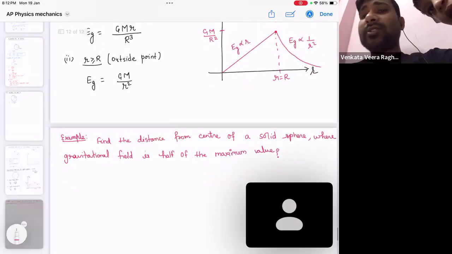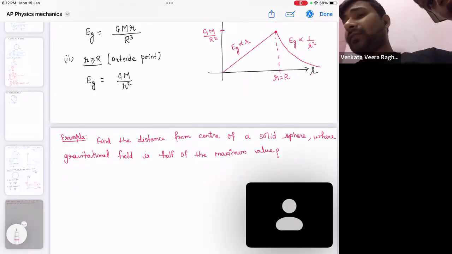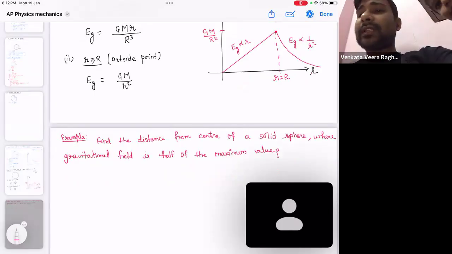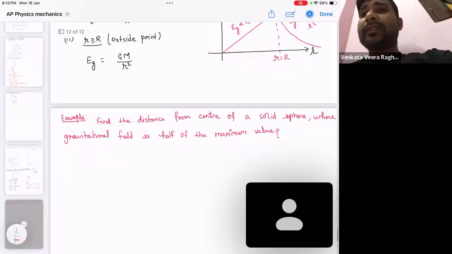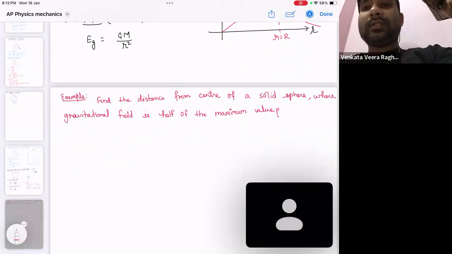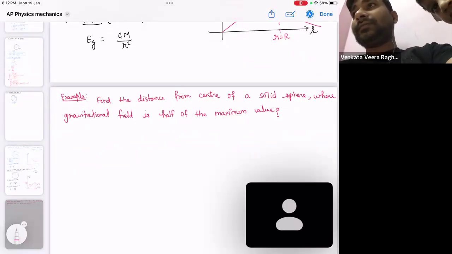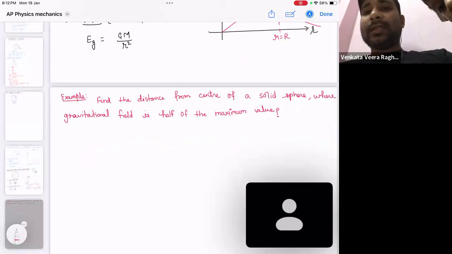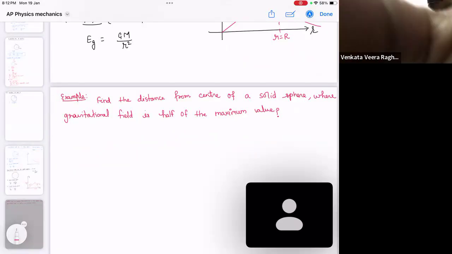How much is that? So tell me how many points will come where the field is half of the maximum value? Can you tell me how many answers will come for this question? One answer or two answers? Two answers will come, right?